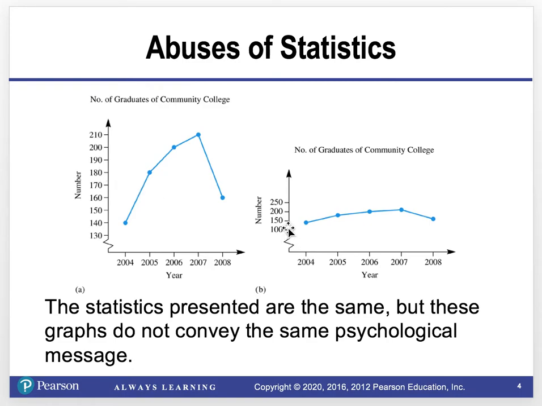This one in between each number is 50 graduates. So on this one, they kind of zoomed out on the graph. Well, on this one, I guess they zoomed in on the graph. And on this one, they've zoomed out on the graph. So pay attention to your scale anytime you're looking at these graphs.